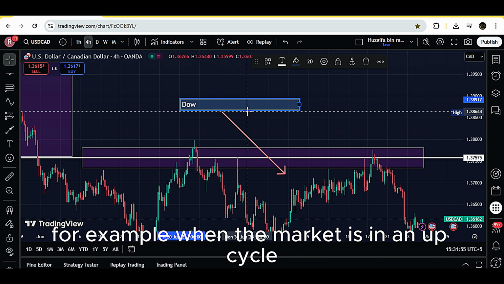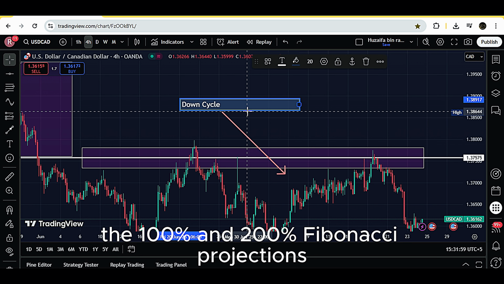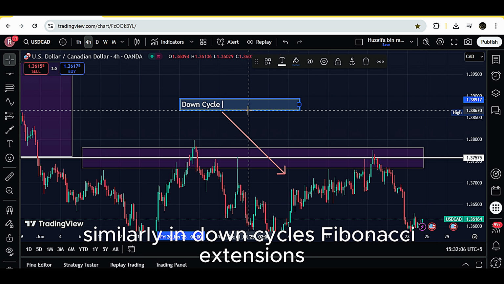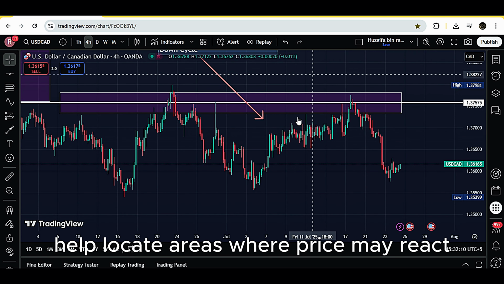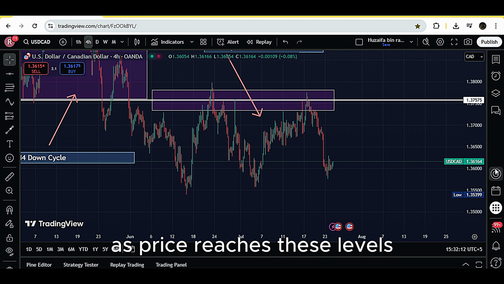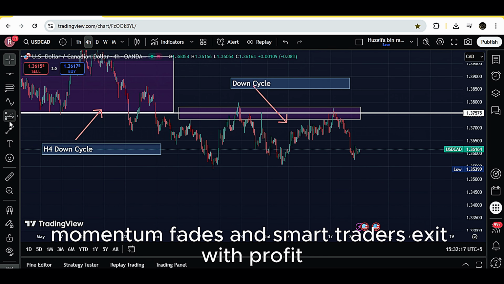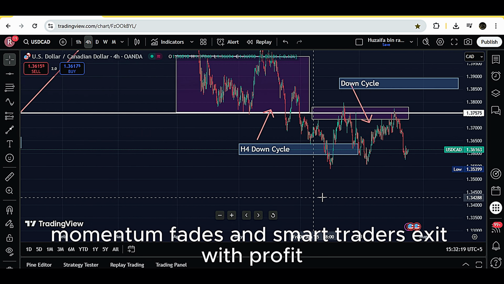For example, when the market is in an upcycle, the 100% and 200% Fibonacci projections become excellent targets for bullish trades. Similarly, in down cycles, Fibonacci extensions help locate areas where price may react. As price reaches these levels, volume drops, momentum fades, and smart traders exit with profit.